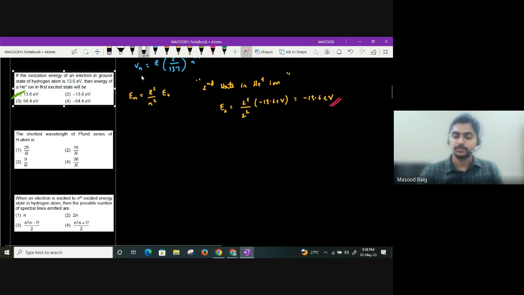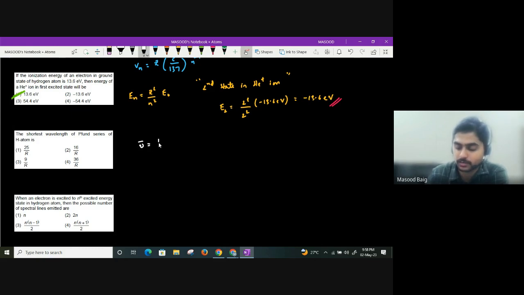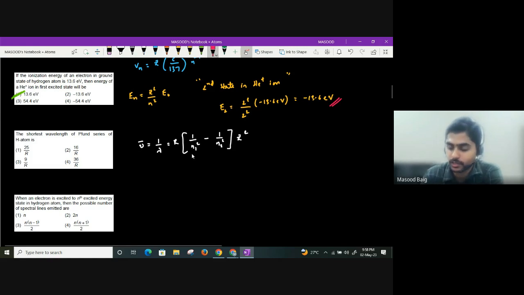What is the shortest wavelength of Pfund series they are asking? Always remember, the wavelength of the photon emitted during the transition from one energy level to another is given by Rydberg's formula, which is 1 by lambda equals R into 1 by n1 square minus 1 by n2 square, into Z square for hydrogen-like atoms. What is n1 here? The principal quantum number of the orbit into which it is making the transition.